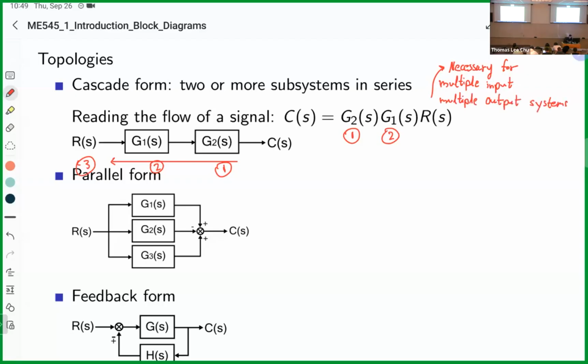It might not make sense right now, but maybe just take my word for it for now. The main reason why is that with multiple input, multiple output systems, this representation is actually going to be a matrix. So the matrix multiplication order does matter. But in single input, single output systems, we're not dealing with matrices.